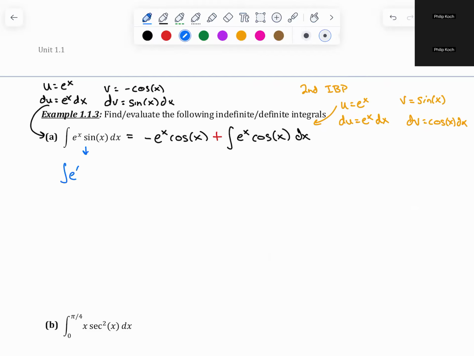So the integral of e to the x sine x dx is therefore equal to negative e to the x cosine x. And then we're going to split apart this into another integration by parts, uv minus the integral of v du. So e to the x sine x minus the integral of v du. So that's e to the x sine x dx.